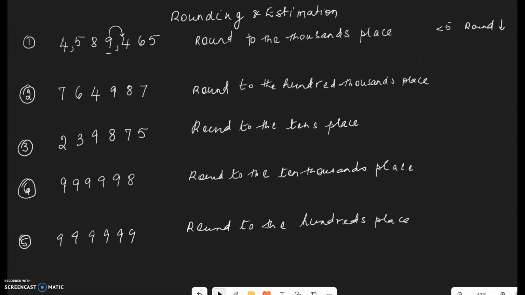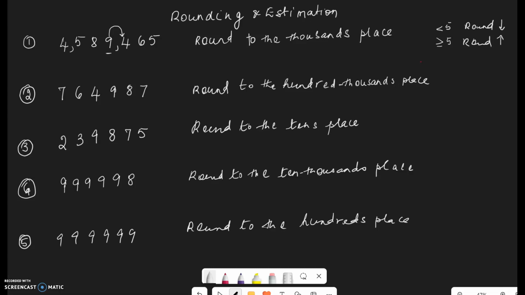If the digit is greater than or equal to 5, then we round up. That's the rule that we need to follow.